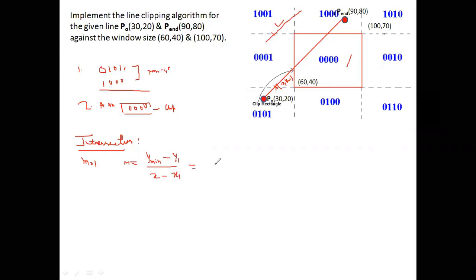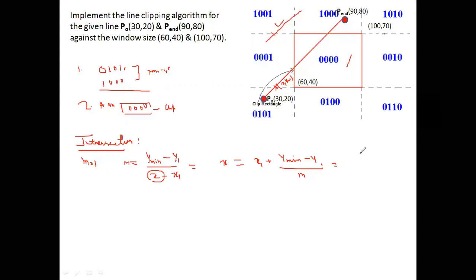Now you know the slope and the y min value. Let's calculate the value of x in terms of m. x will be equal to x1 plus (y min minus y1) upon m. I think it is clear how we have come across this. m is brought here, the complete expression is taken to the left hand side, then x1 is placed here. So you can easily come across this.